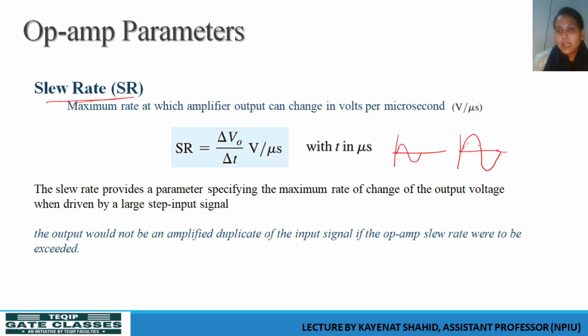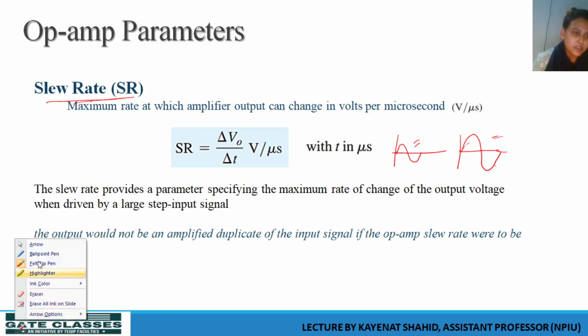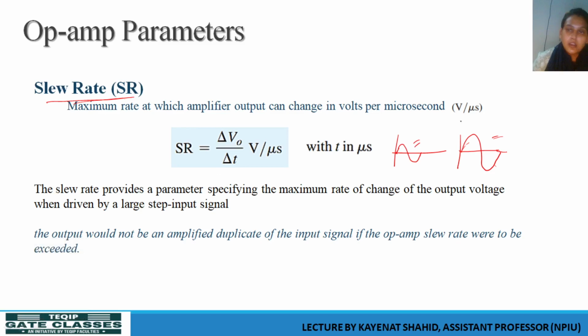Otherwise, if the rate of change of output is not the same as the input, the shape of the output will be different. I will use a different color. You may get a shape like this, because the rate of change is different.